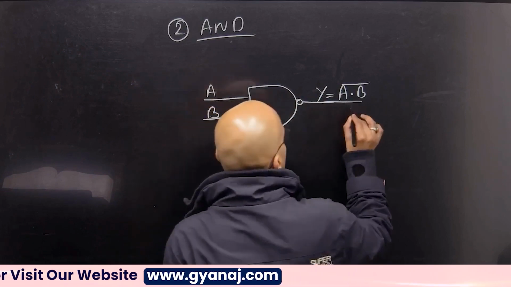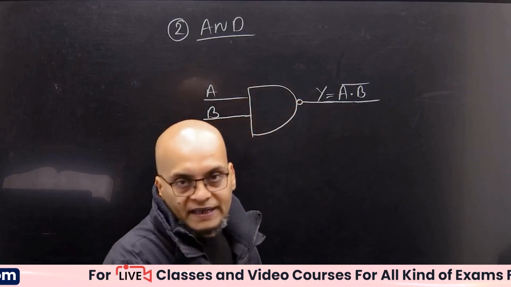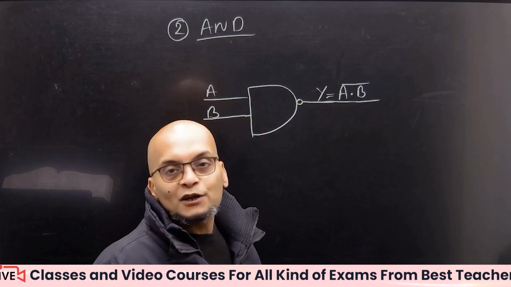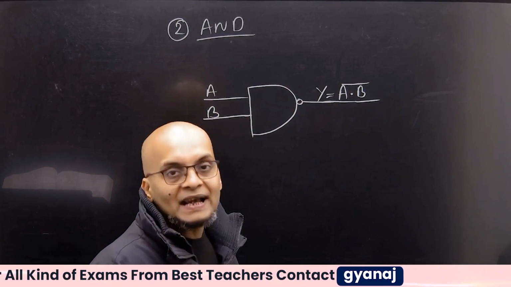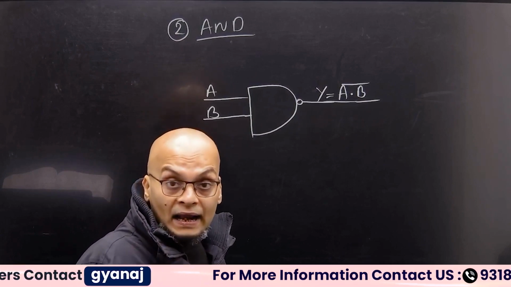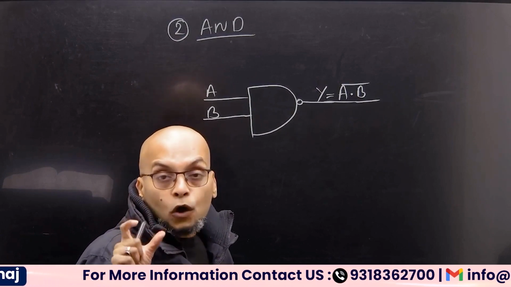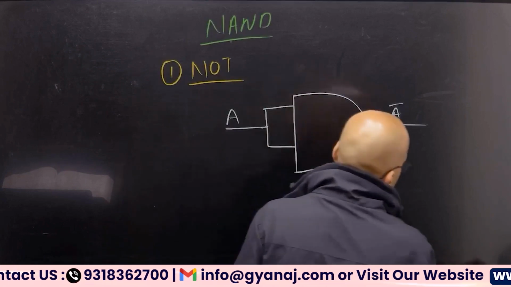Now feed this output to the NOT gate. But pay attention, you cannot feed it to the basic NOT gate because you only have to use the NAND gate. So feed it to the NAND NOT, that means the NOT operator made with the help of the NAND gate that we have just drawn.